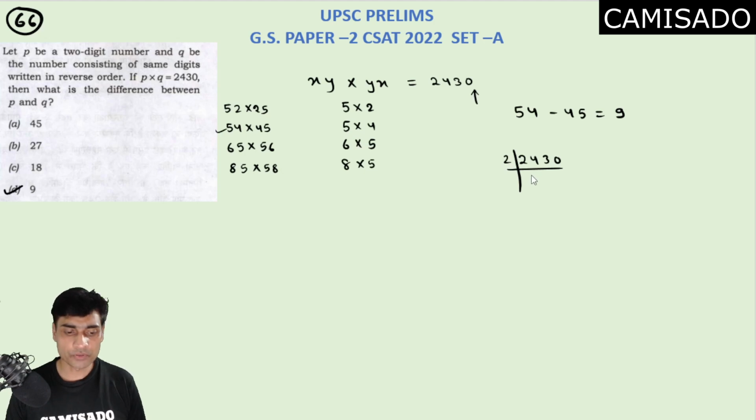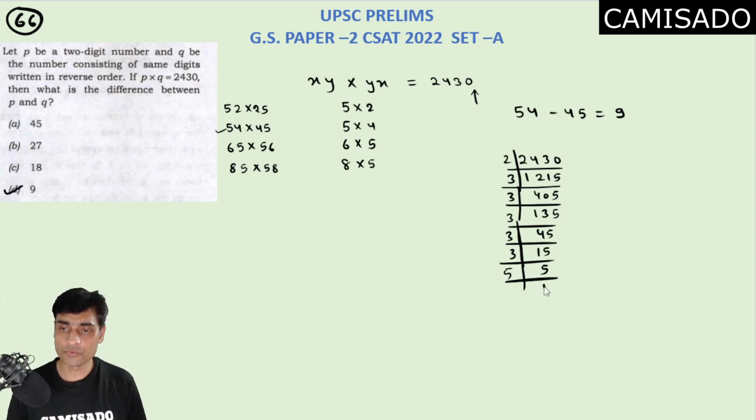2 times, you will get 1215, then with the help of 3, 405, then again with the help of 3, 135, then again with 3, it's 45, then again 15, then again 5, and the last time it's 5 1.